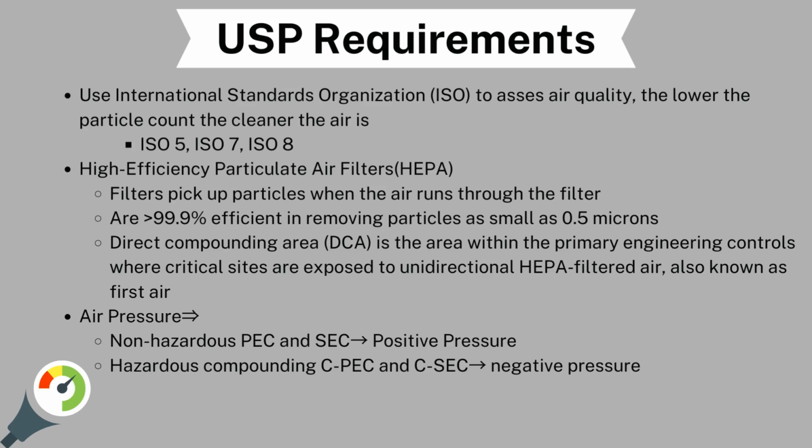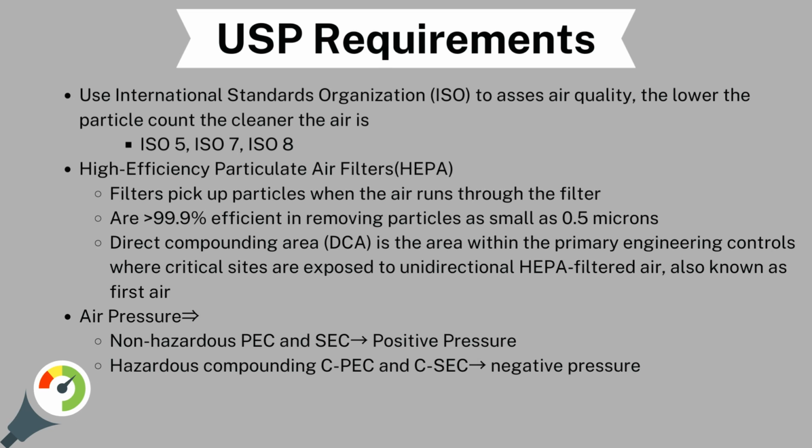Moving on to HEPA filters, HEPA standing for high efficiency particulate air filters. These filters pick up particles when the air runs through them. They are 99.9% efficient in removing particles as small as 0.5 microns.